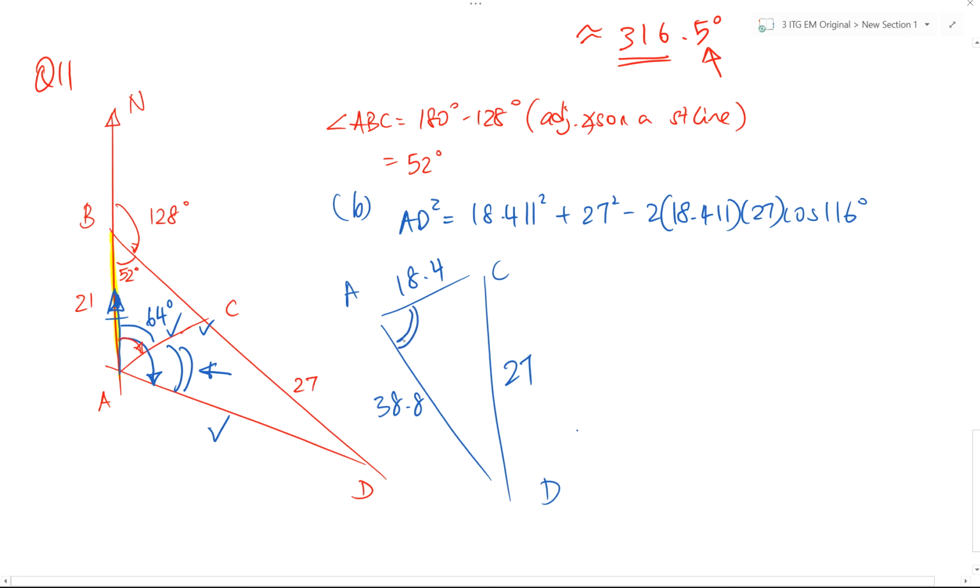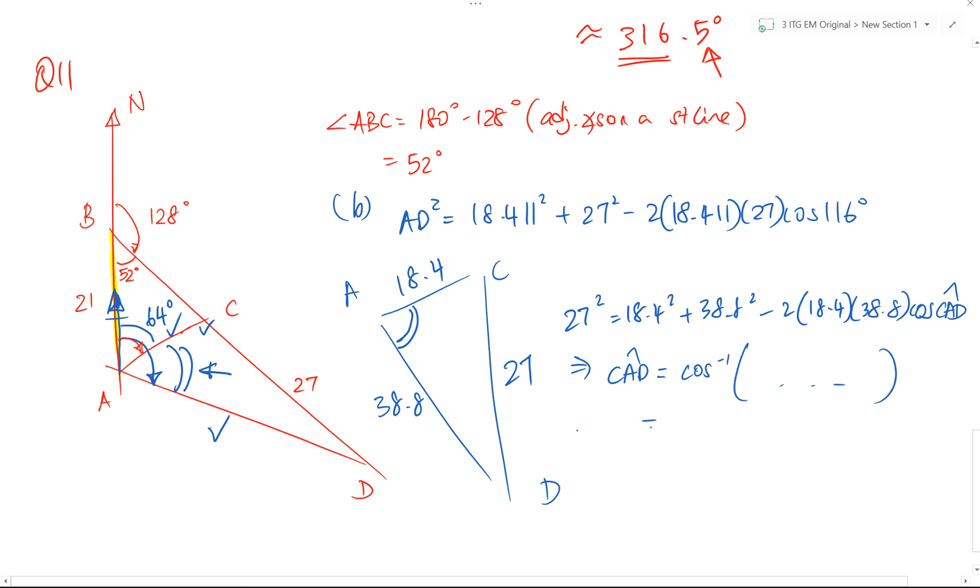I can use my cosine rule. 27 square equals to 18.4 square plus 38.8 square minus 2 times 18.4 times 38.8 cosine of the unknown angle, which is CAD. Make CAD the subject. Get an answer. Then we add this angle, so the bearing.